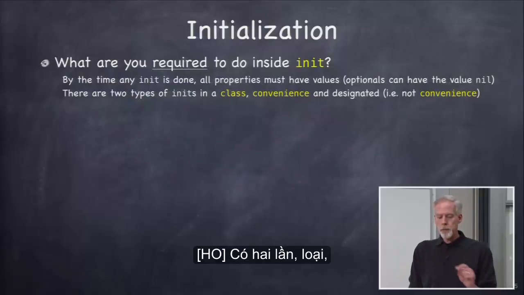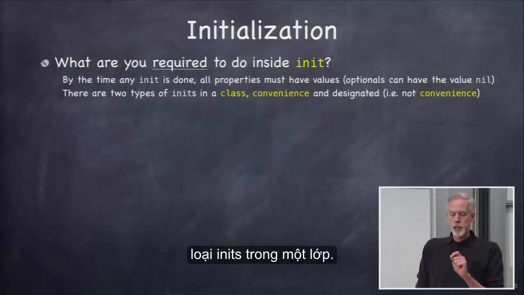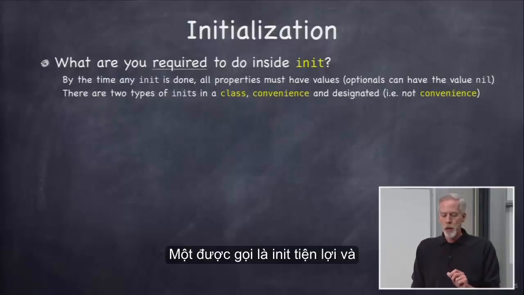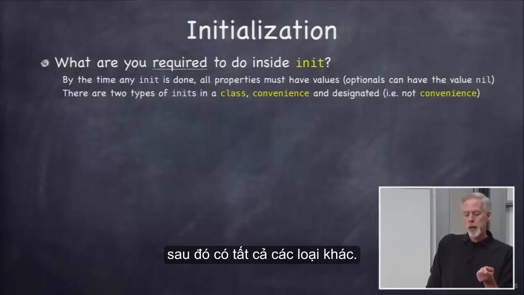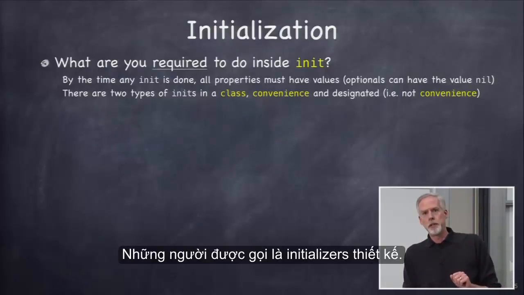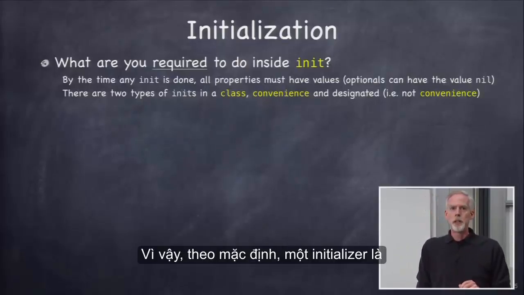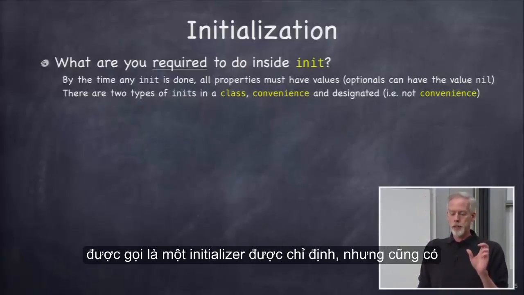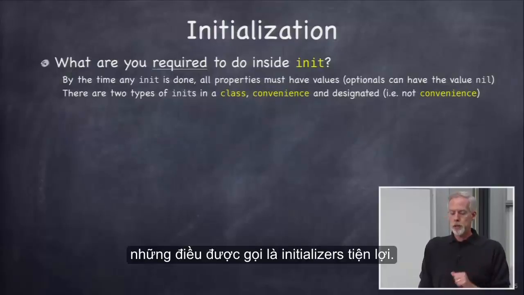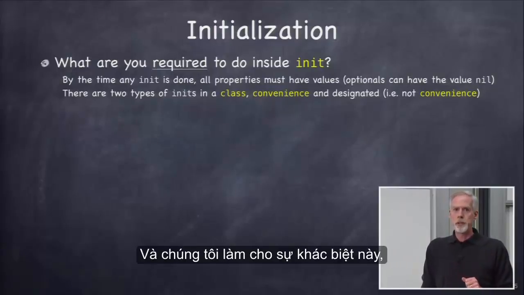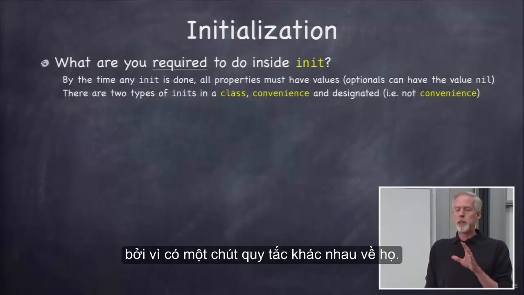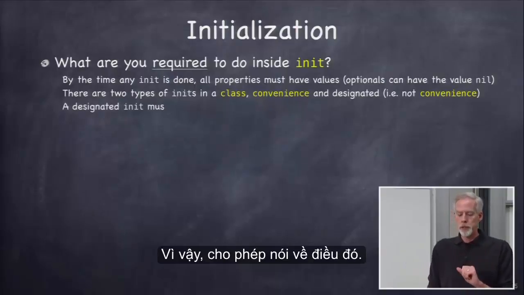There are 2 types of inits in a class, not in a struct. One is called a convenience init, and all the other kinds are called designated initializers. By default, an initializer is a designated initializer, but there are also convenience initializers. We make this distinction because there are slightly different rules about them. So let's talk about that.